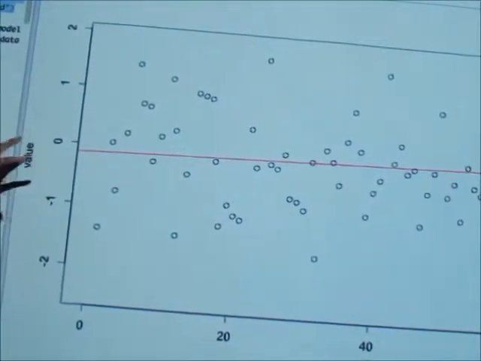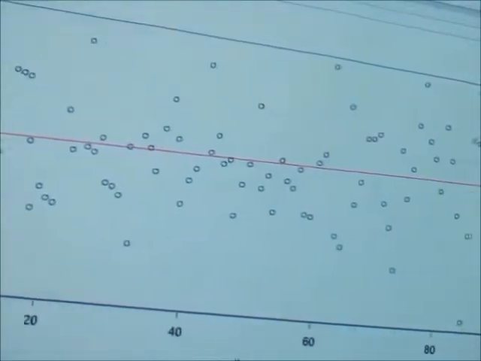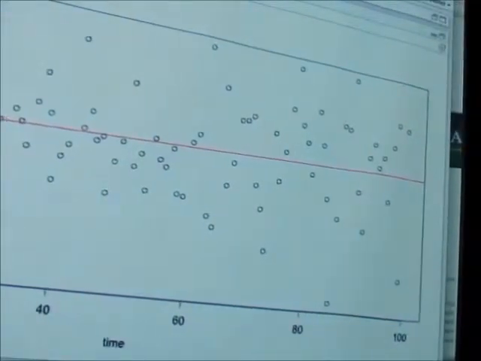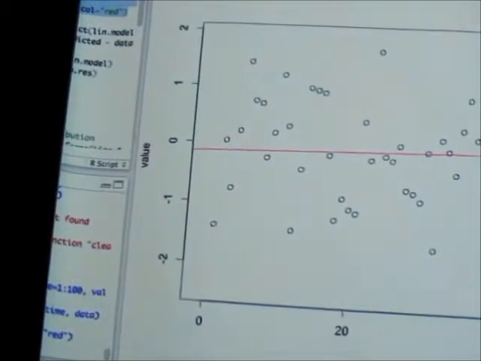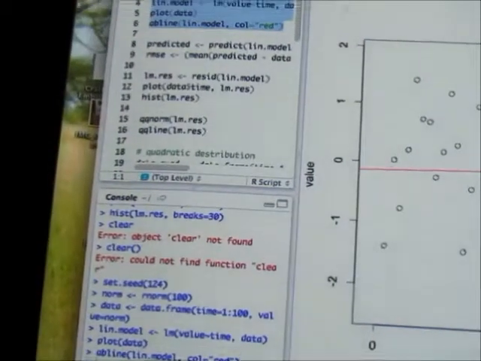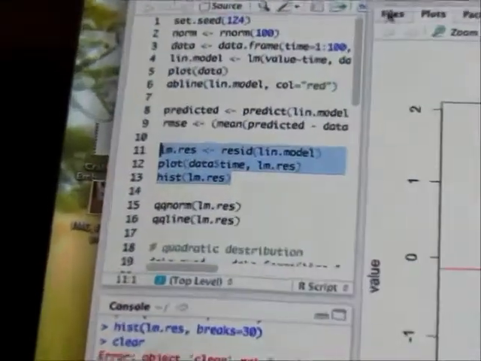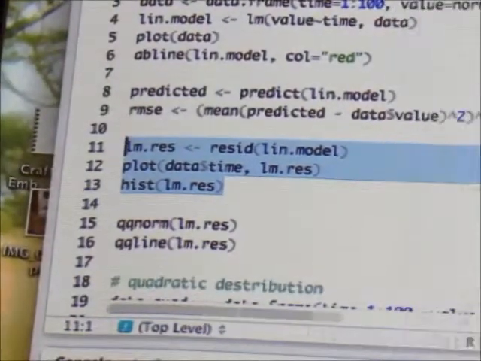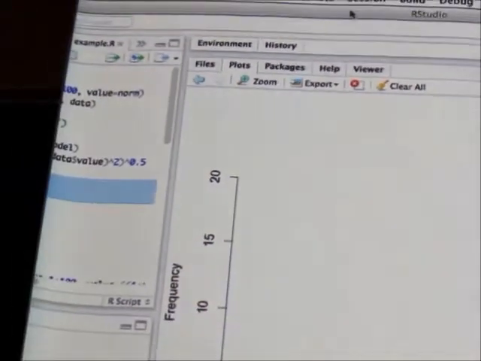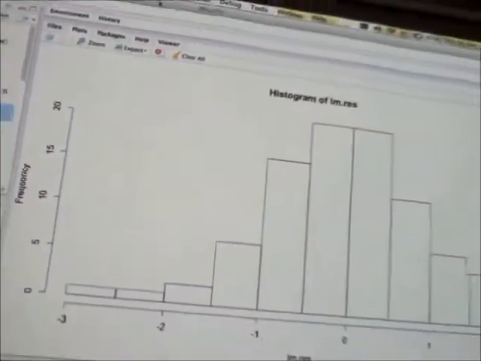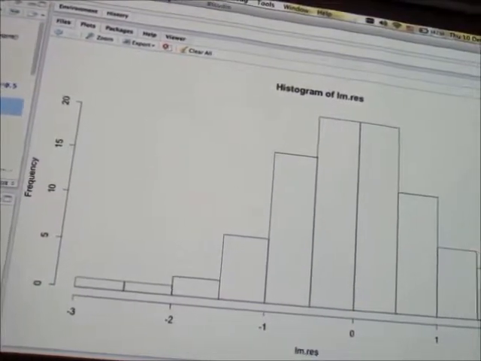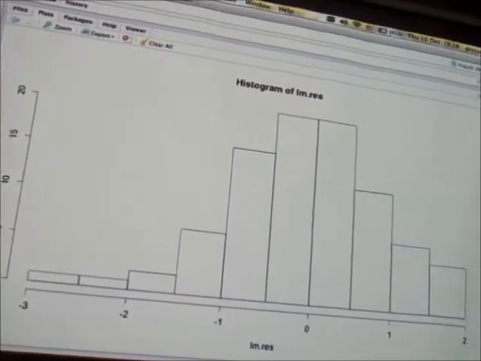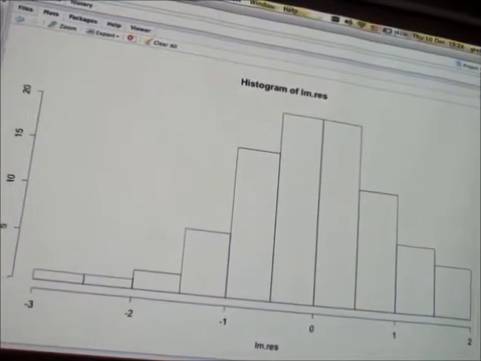This is like an x and a y axis with some data, and I'm drawing a linear model through it in red. What I'm interested in is how my errors look. Since it's a normal distribution, my errors take a very normal distribution themselves. So the data generally fits the linear model very well, and the errors are pretty normal.